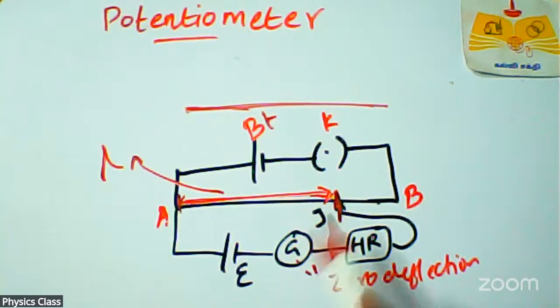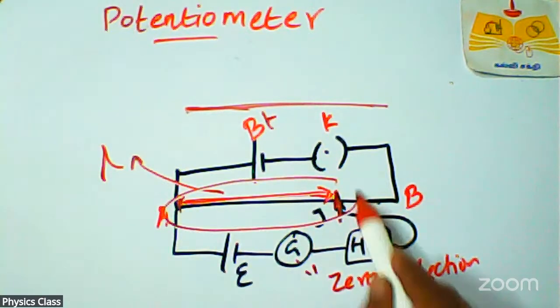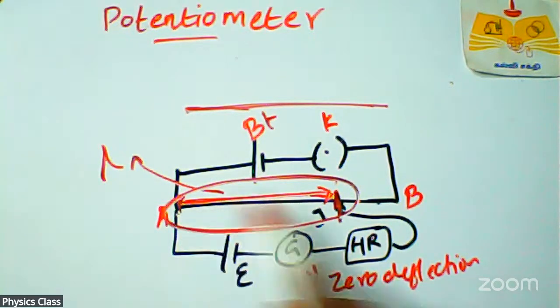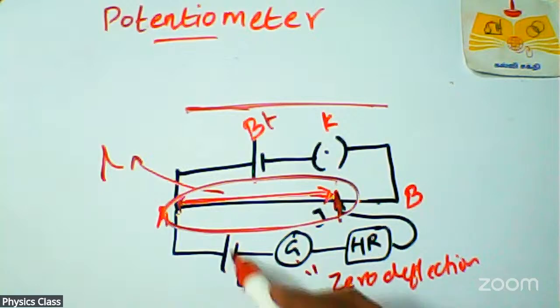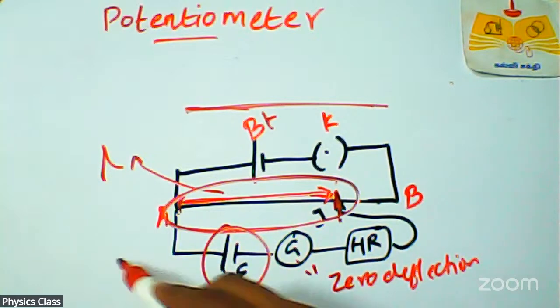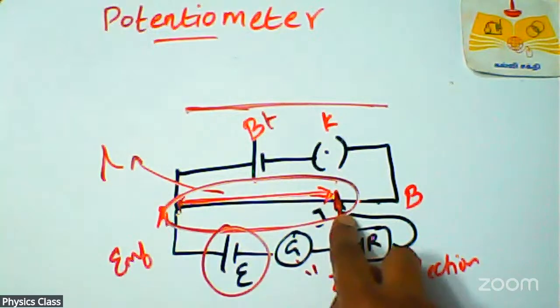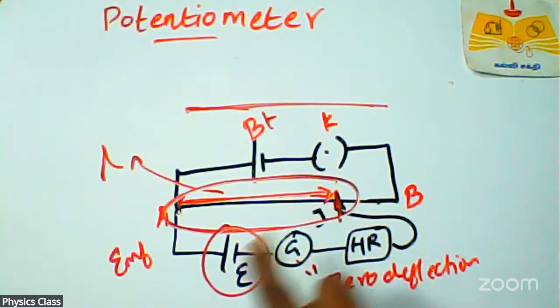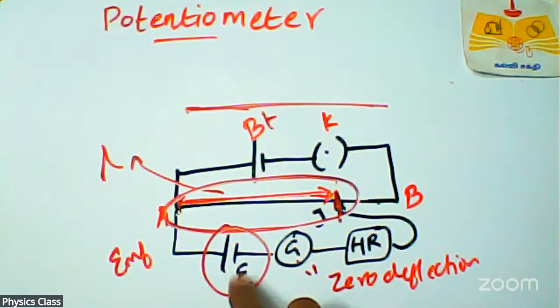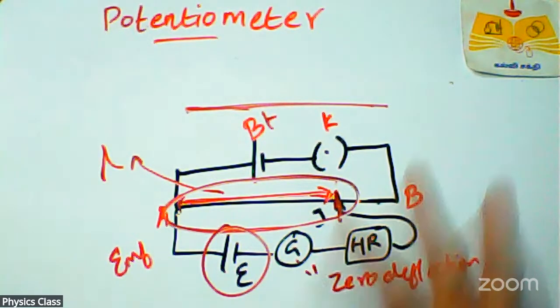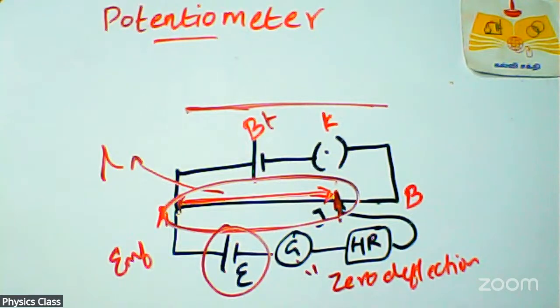Because the potential difference between this point and this point is equal to the EMF of this cell, and there is no current flowing through the galvanometer.